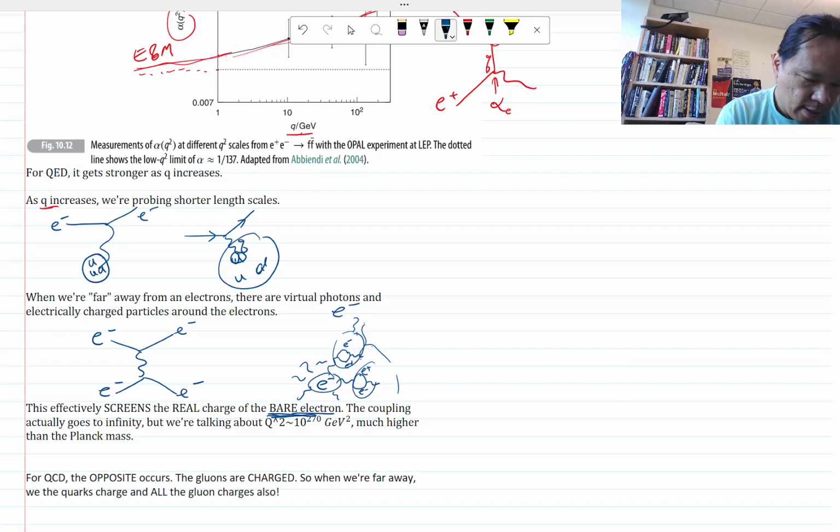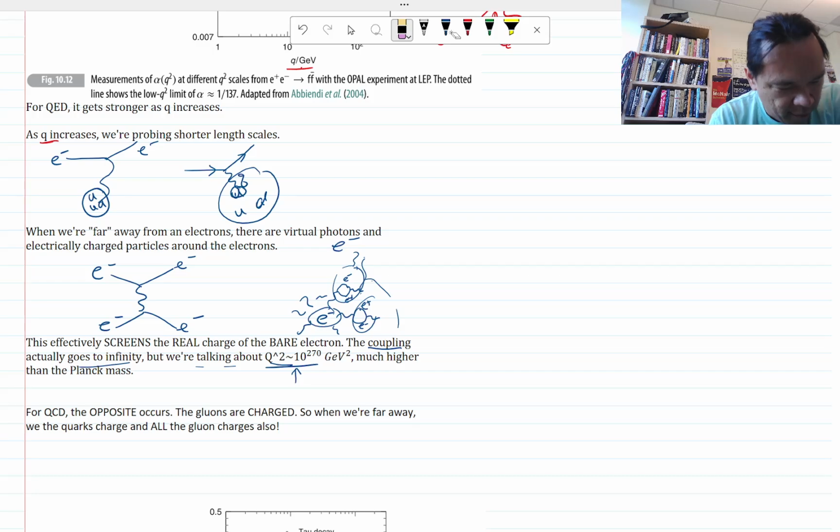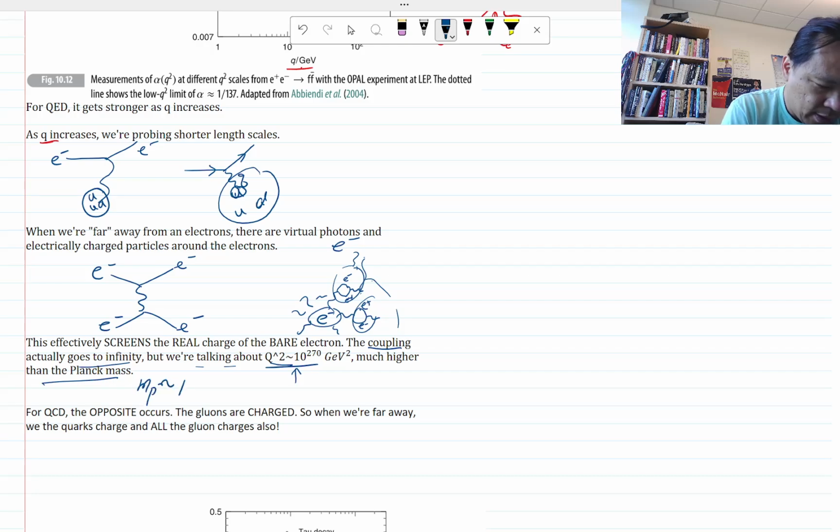The coupling constant for electricity and magnetism actually goes to infinity, but we're talking about a Q squared of, I think, 10 to the 270. This is much higher than the Planck mass, which is about 10 to the 19 GeV. Even if you square that, you get 38.